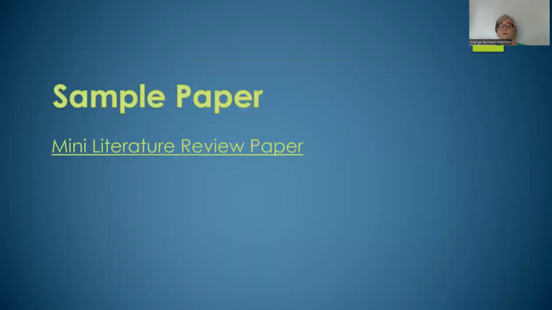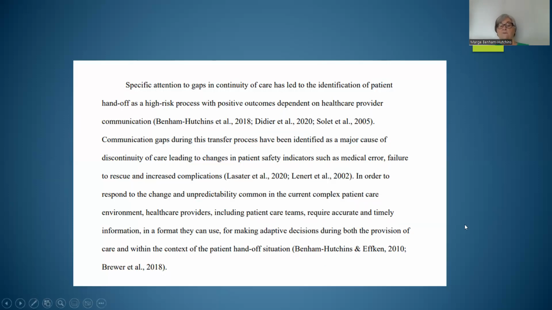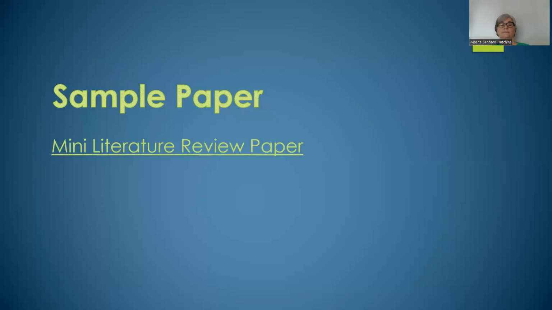And I bring in a different paper of my own from 2010, and then a paper by Brewer et al. to make that discussion. Now, this was a larger literature review, so there are probably 40 or 50 references in the overall paper, but this was part of the actual discussion about the paper. So this might help you a little bit.